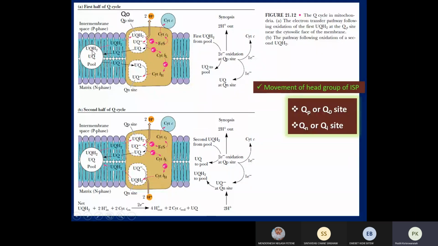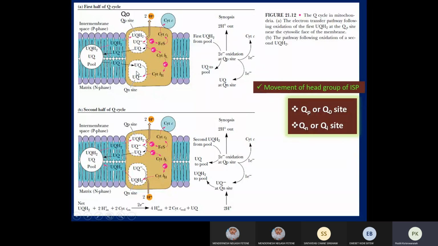In the first half cycle, the reduced form, ubiquinol, first binds to the ubiquinone binding site, and here one electron is transferred to the iron sulfur cluster, and as a result, it becomes a semiquinone. Semiquinone further transfers the second electron to the cytochrome bL. As a result, it becomes oxidized ubiquinone, and this ubiquinone again diffuses into the matrix side.